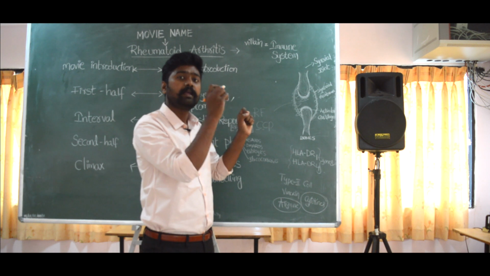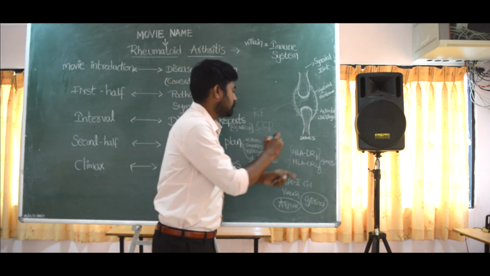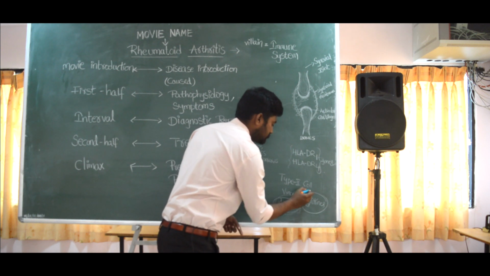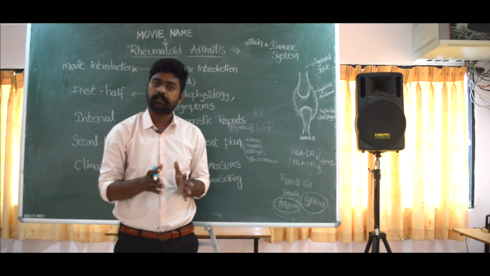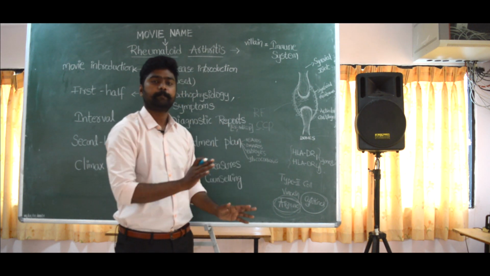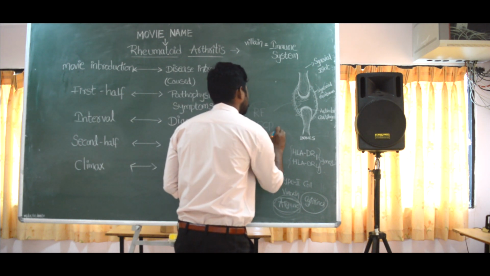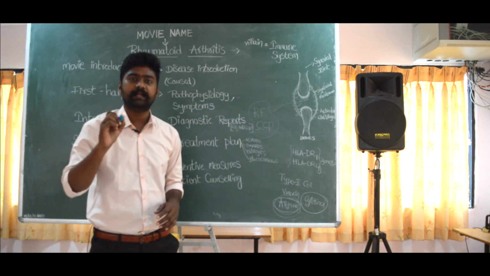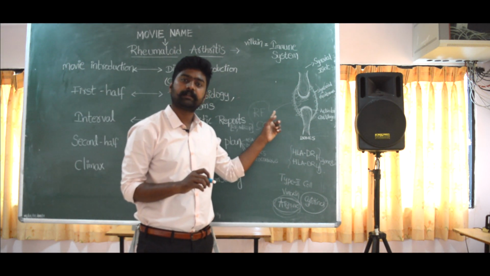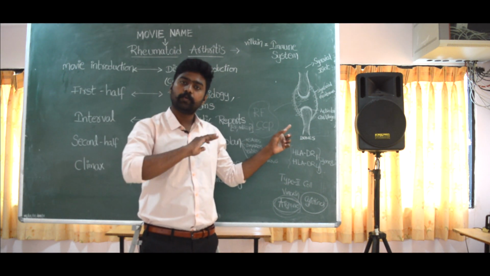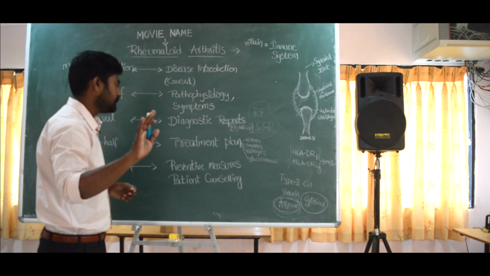They attack the modified IgM and also the arginine-citrulline modified proteins. They go there and attack. That's how these 2 things can be observed in blood. So for diagnostic reports, if you are positive for rheumatoid factor and anti-CCP, you are going to have rheumatoid arthritis. Okay, I am making it very clear.